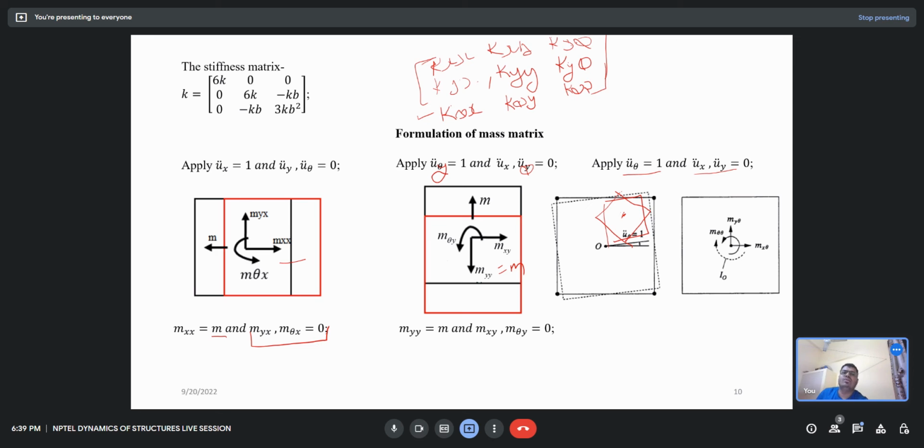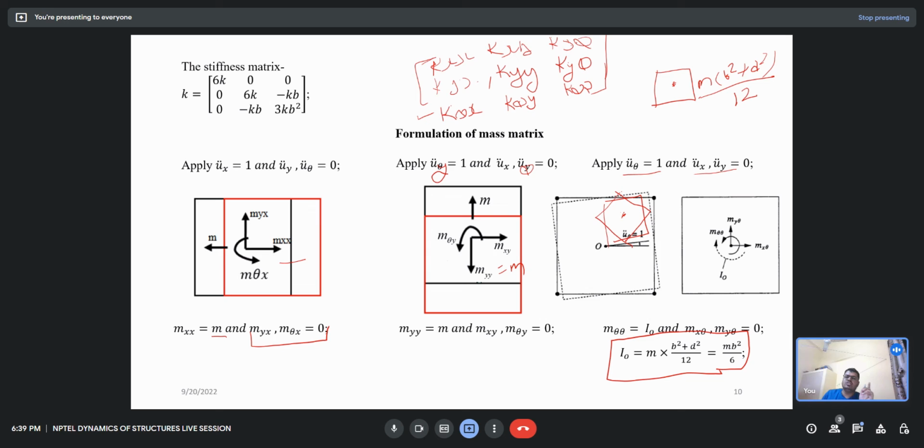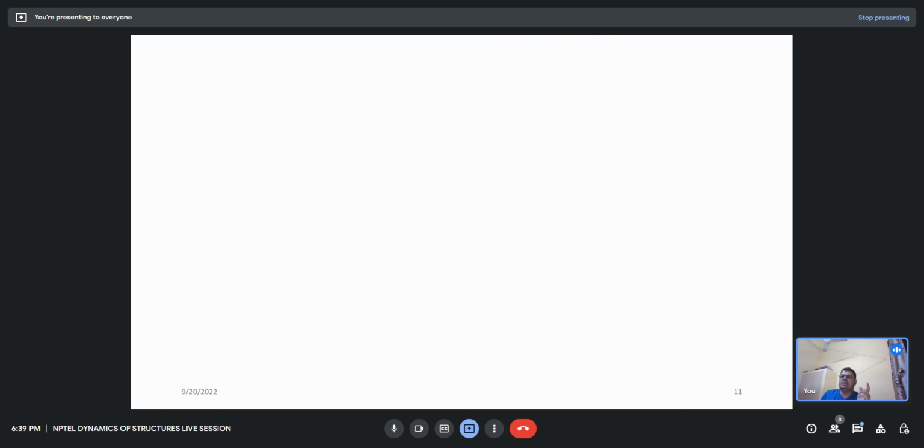For any solid slab or rigid plate rotating, the inertia is m(b square plus d square) by 12. Here b and d are both the same, so I naught is equal to mb square by 6. So I can write the mass matrix with mb square by 6.